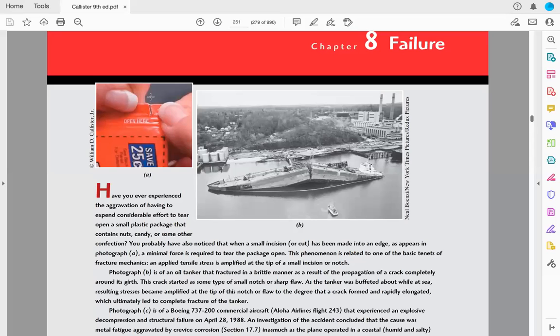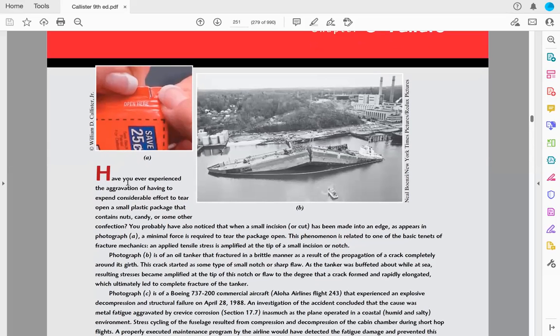If you have a coffee sachet or snacks, in the plastic packaging the manufacturer has slightly cut the edge, so when we try to open it, it is much easier. Have you ever experienced the aggravation of expending considerable effort to tear a small plastic package?